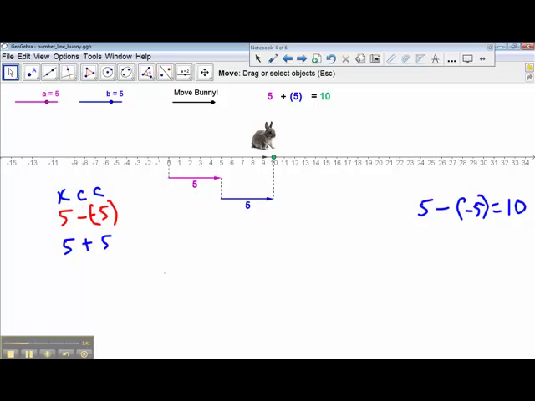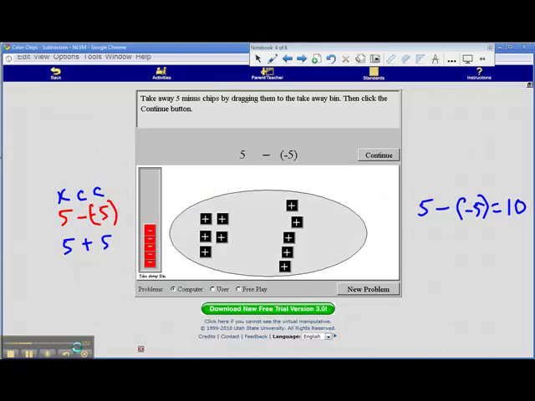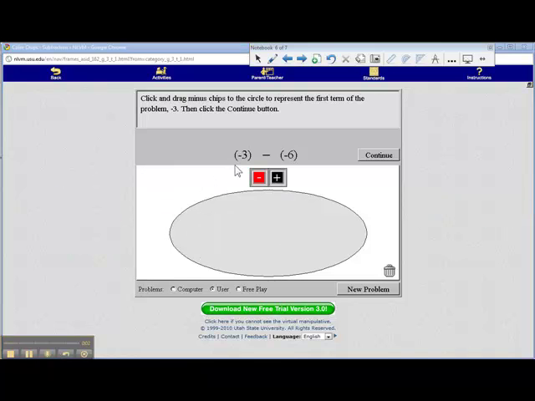Subtraction becomes addition. Negative 5 becomes positive 5. So 5 plus 5, and we know 5 plus 5 equals 10. And this is the same as we came up with back here with our field charge model: if we have 5 and we take away 5 negatives, then what we have left over is 10 positives.